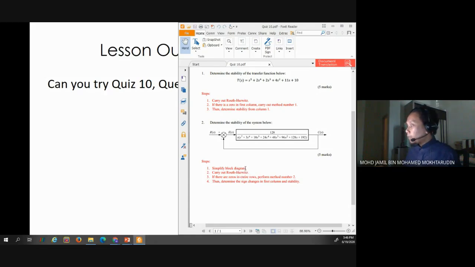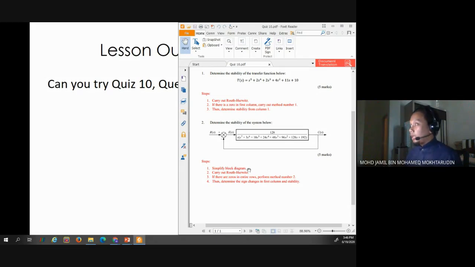Make sure that you understand how to simplify block diagram. And also for Routh Hurwitz, in subsequent lectures you will use it a lot of times.